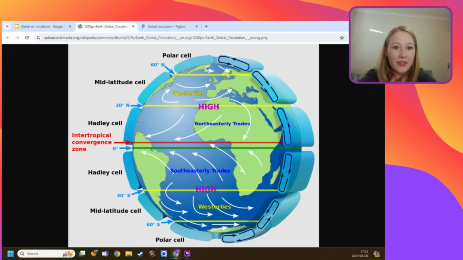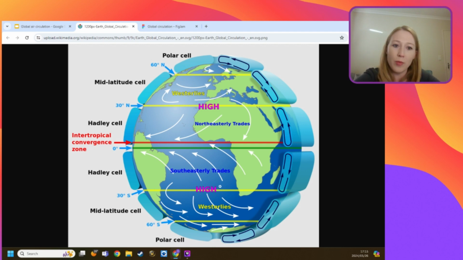Okay, so hopefully now looking at this diagram, it makes more sense. We have the tricellular model, Hadley, Ferrel, and polar. We have the pressure belts, that is low, high, low, high.